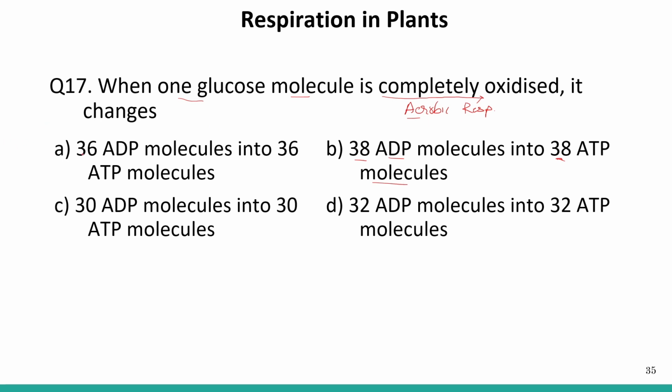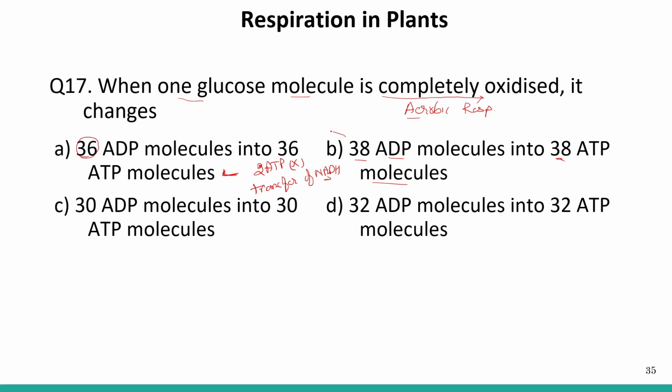Now they are also saying that 36 ADP molecules will get converted into 36 ATP, which will be correct when we consider that 2 ATP were lost during the transfer of NADH from the cytosol to the matrix.